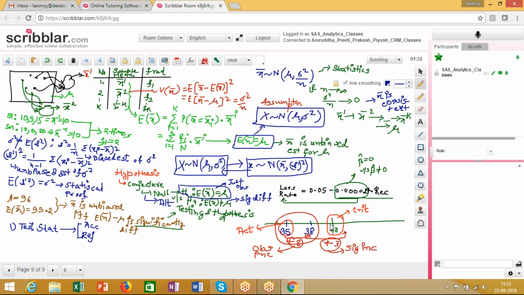So it is this way that the entire thing happens. So the acceptance and the rejection is done in terms of a critical value.